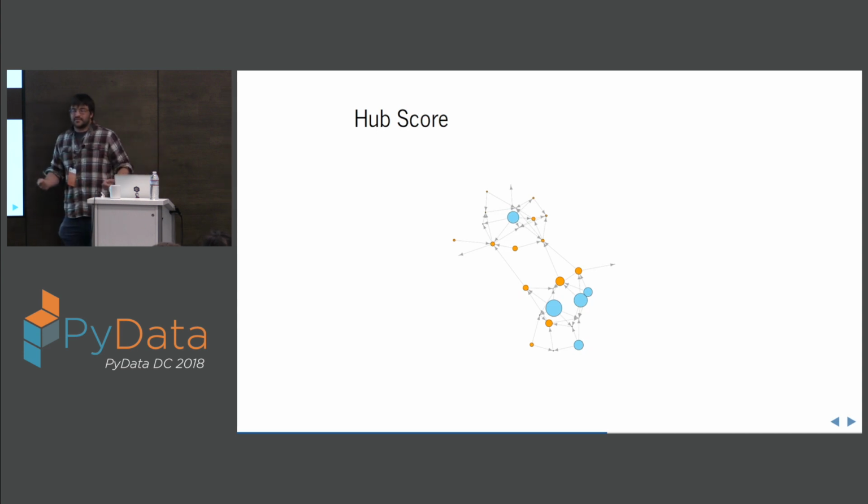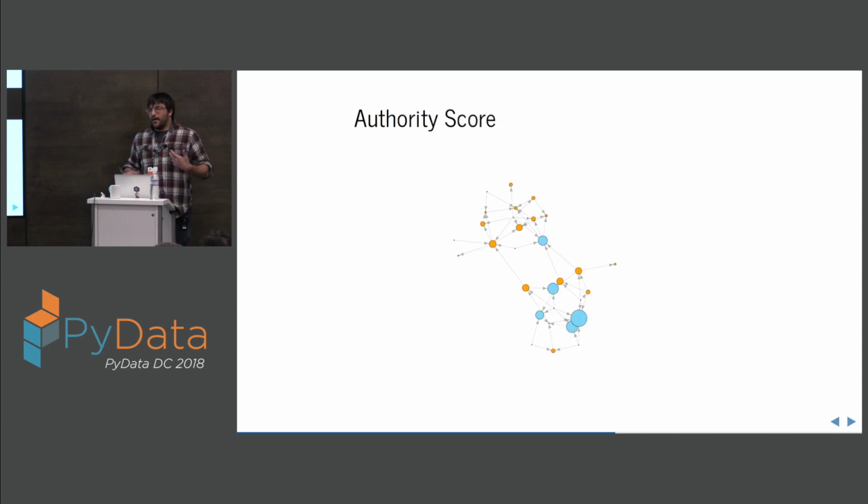And those things that it references are called authorities. So if you have a lot of websites pointing to you, if you have a lot of important websites like Wikipedia pointing to you, then you are considered an authority, which would actually be a main website. So the authority on Ford cars would be the Ford website.